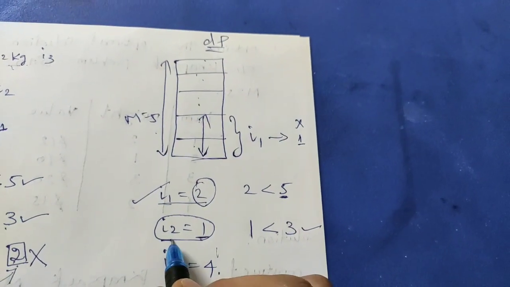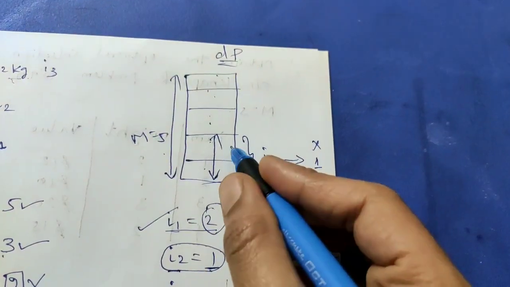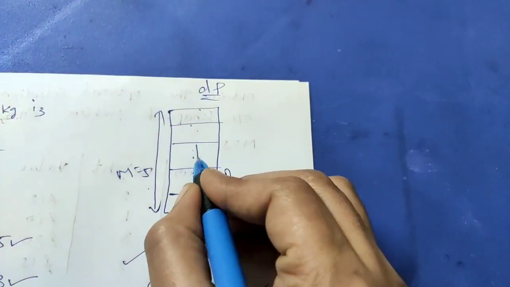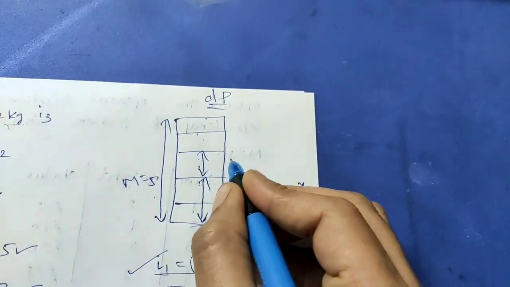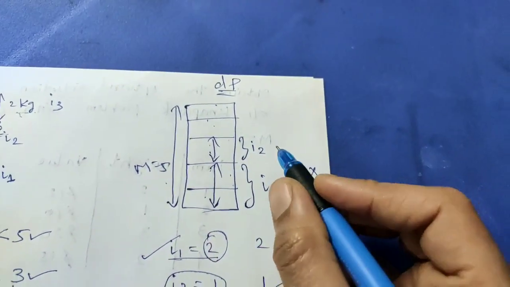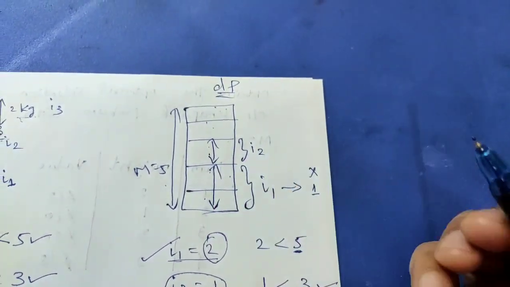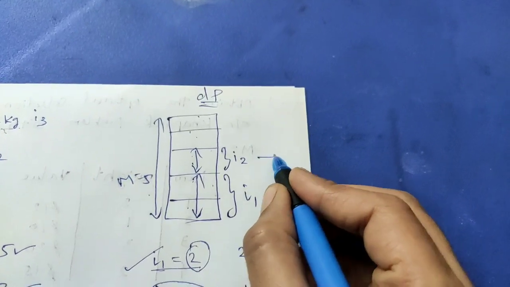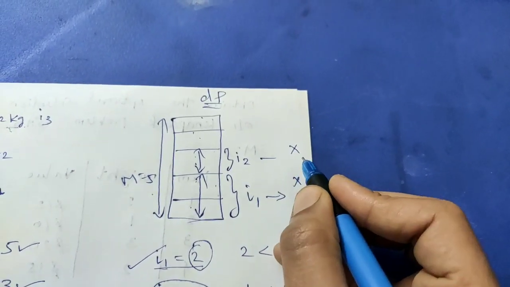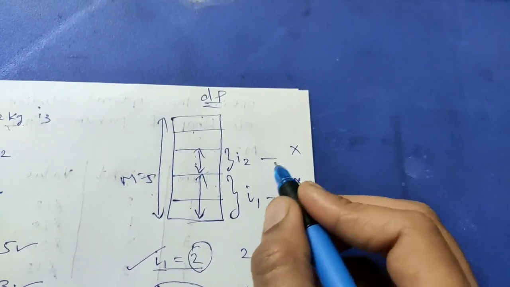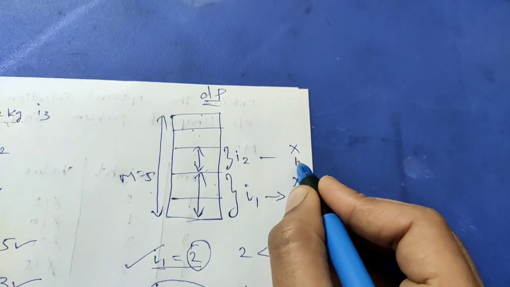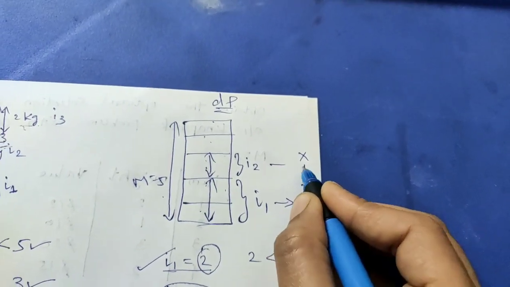So item 2 also can be included completely into the knapsack. That is, item 2 is occupying 1 kg space in the knapsack. So X value I am setting as 1.